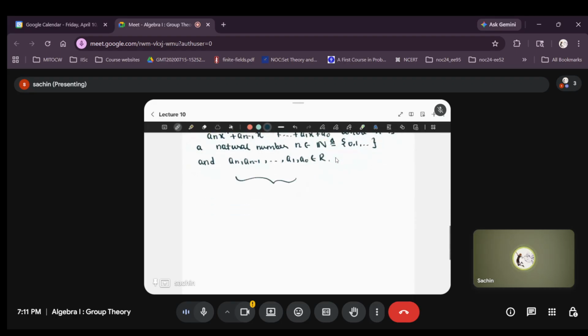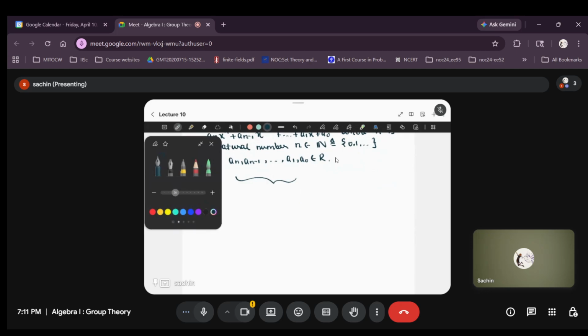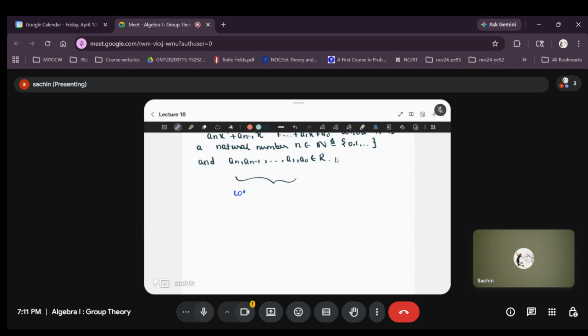These are called the coefficients of the polynomial. This is what a polynomial is.